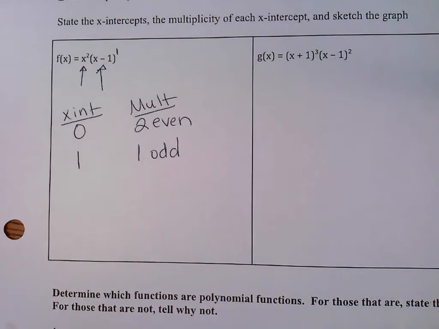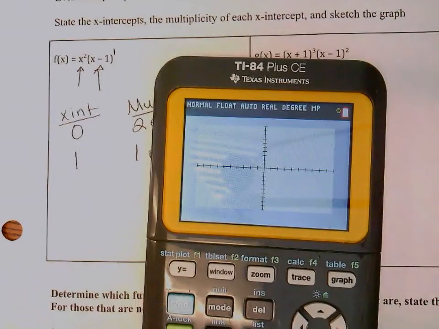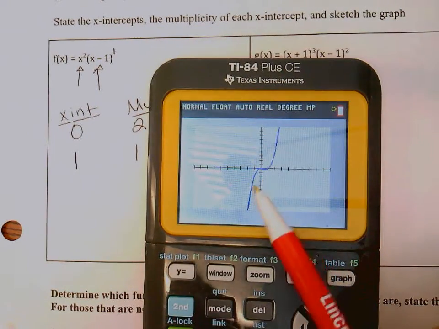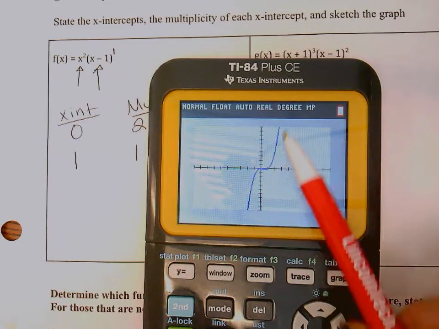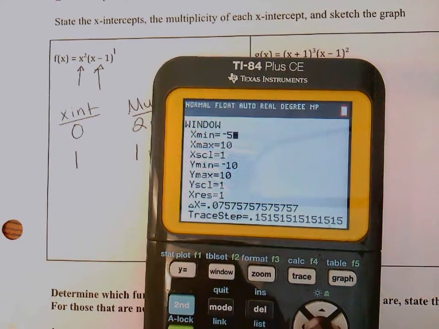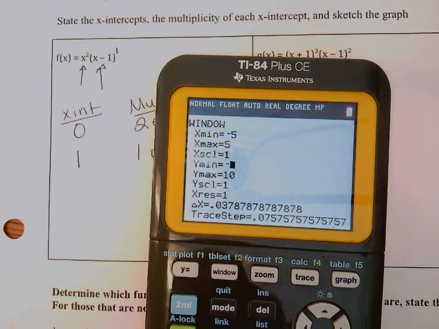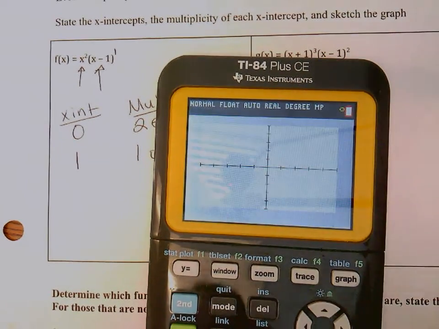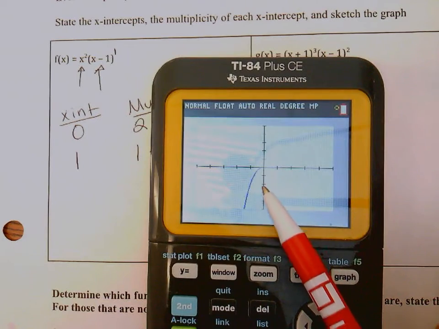So when I sketch the graph of this, x squared times x minus 1, we know that it's going to bounce off the graph at 0, and then it's going to cut through the graph at 1. And if I go in just a little bit closer, it does actually bounce off. See how it bounces off?